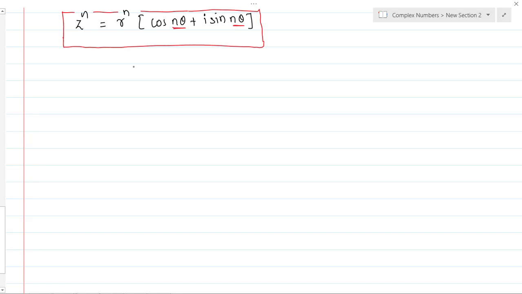So in the final conclusion, this is the formula you have to remember.